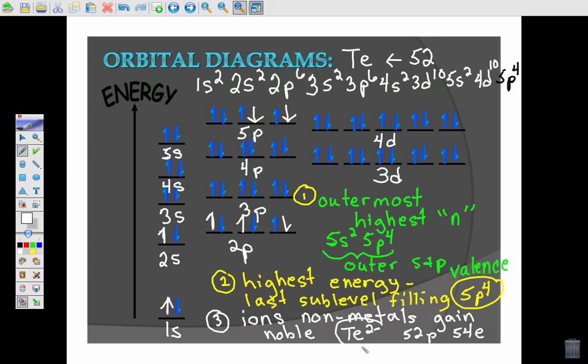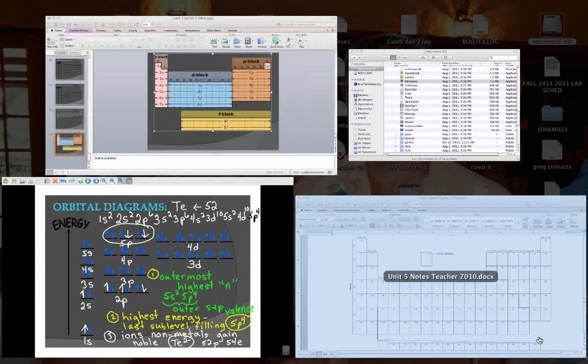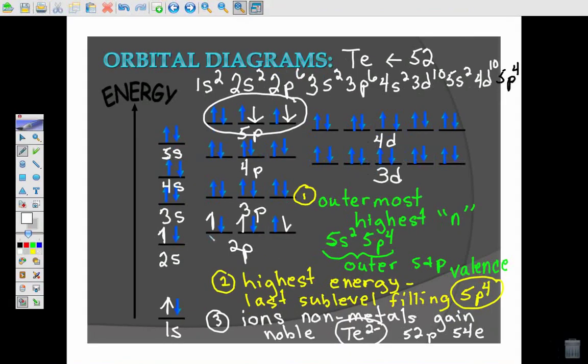And that makes it a negative ion, or anion. And if you'll notice, it now has a noble gas configuration. All of the noble gases end in that electron configuration, ending in 5p6.